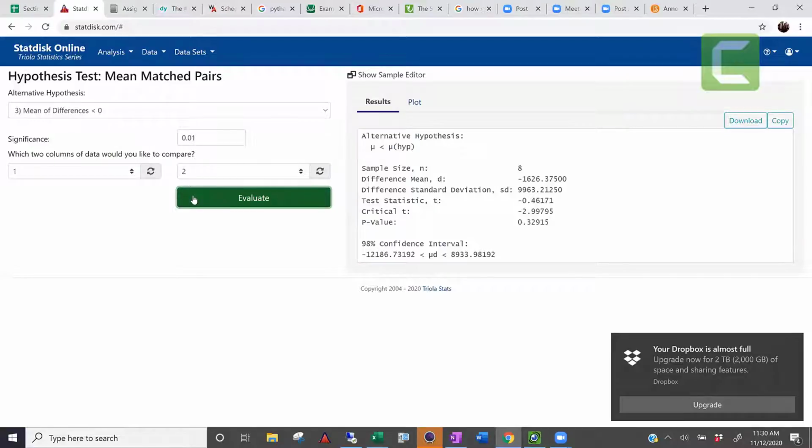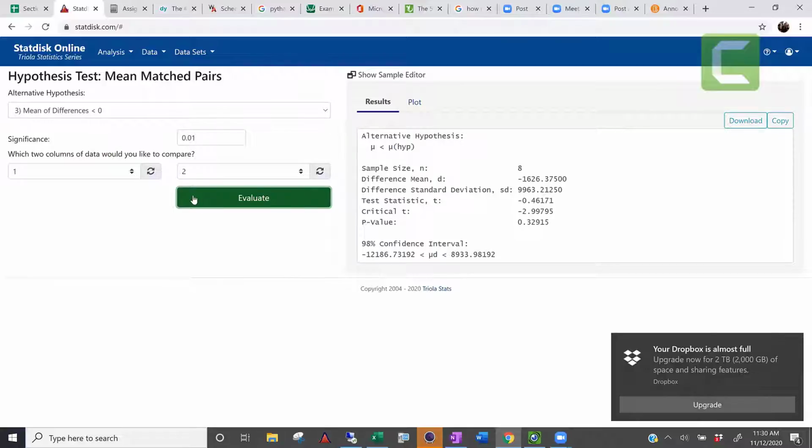So that brings me to step 5. What information from this page do I want to put down in step 5? The p-value, and alpha. Yeah, we want the p-value. And you're right, we got alpha as well. So the p-value is 0.3295.